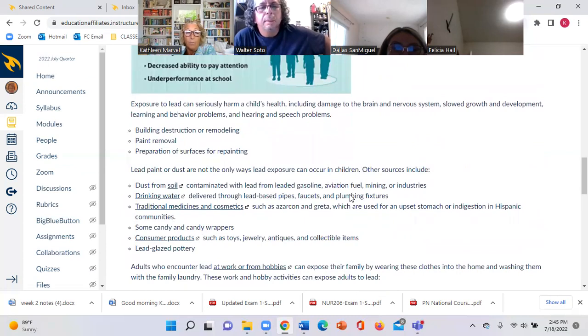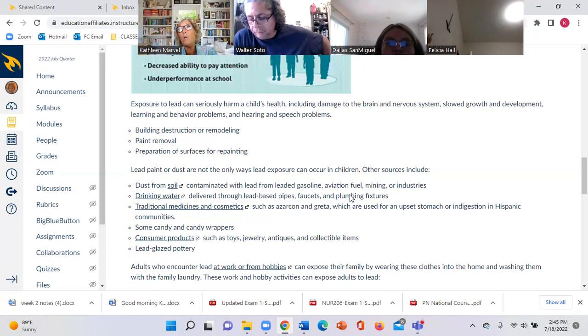Okay. So exposure to those 4 above, right? Brain and nervous system damage, slow growth and development, learning and behavior problems, hearing and speech problems can be going on. Things that might create this would be building demolition or remodeling, paint removal, and preparation of surfaces for repainting.